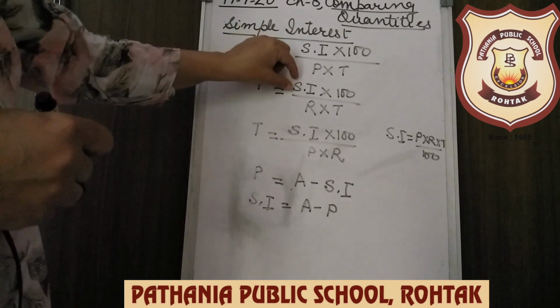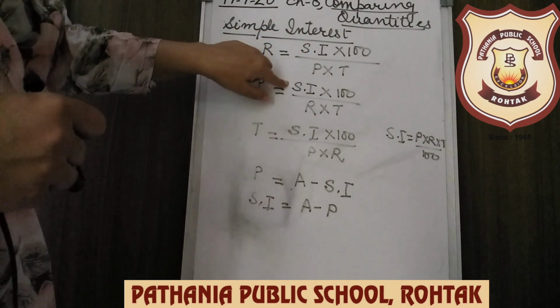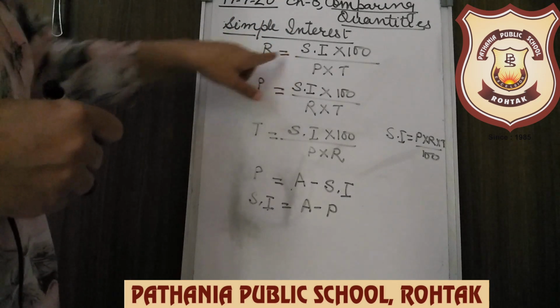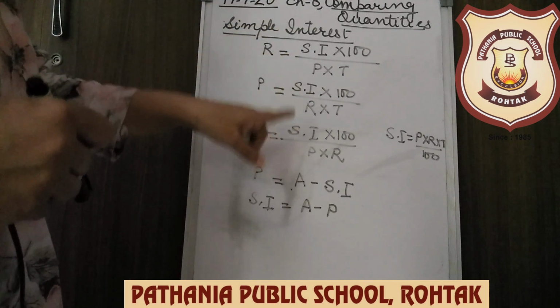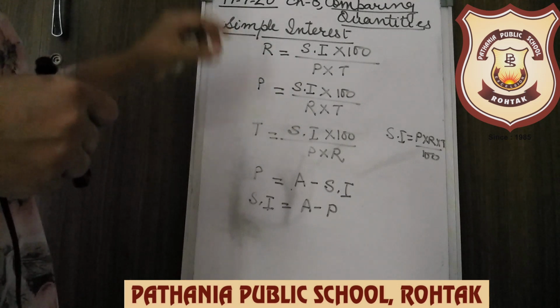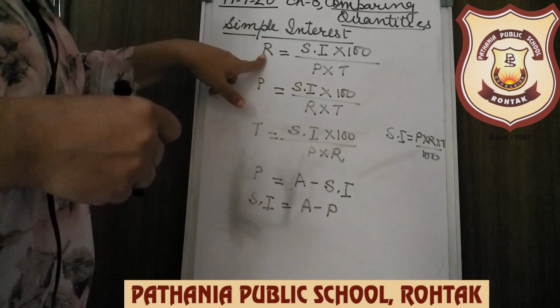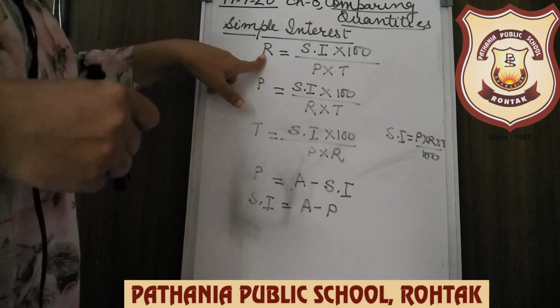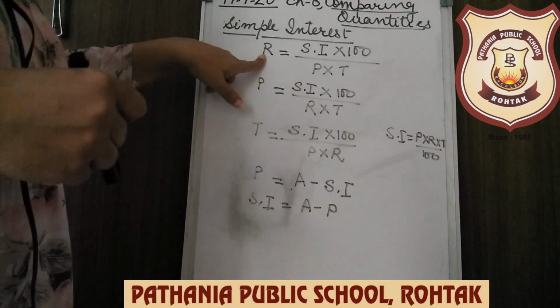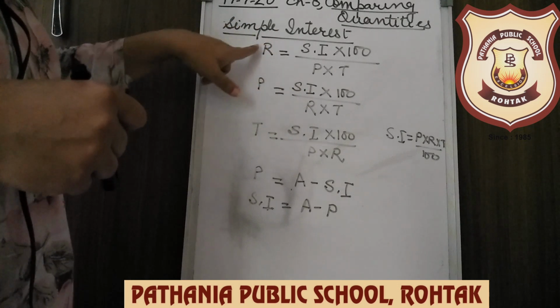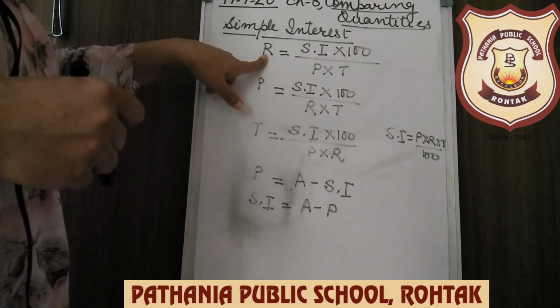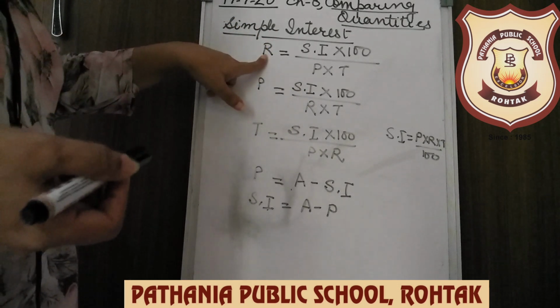It is the interest which we will get when the money is deposited in the bank, and each bank decides their rate of interest. This rate of interest is decided by the bank, at what rate they are going to pay the interest for a year.